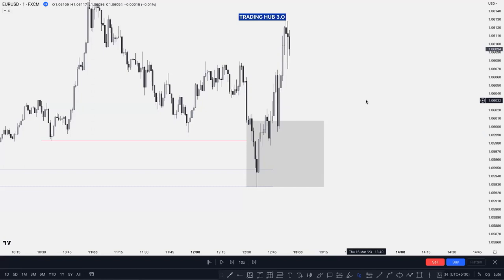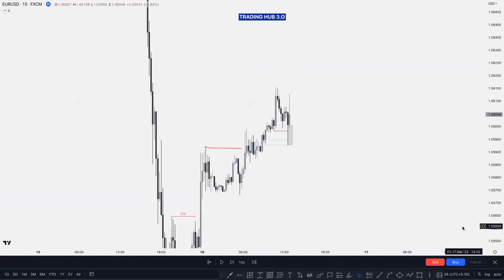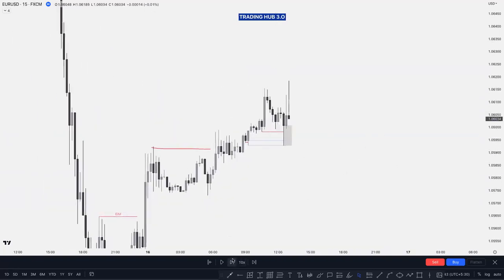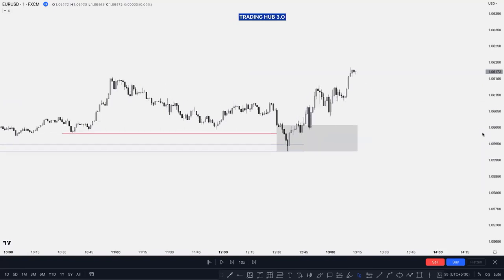Switch here to a 15-minute time frame again. There is no sweep here, no candlestick sweep here, and there is no 1 minute entry here because market not taken out any inducement.